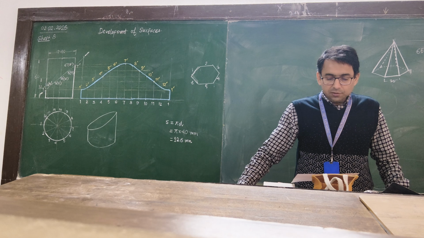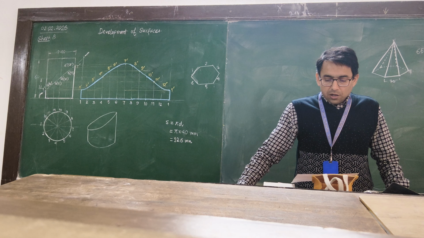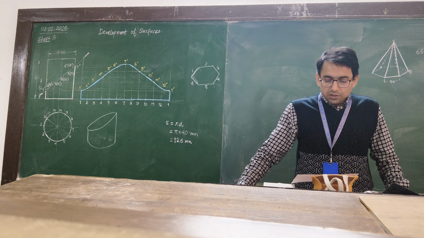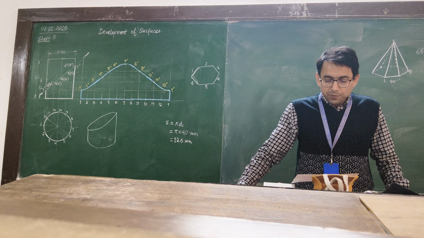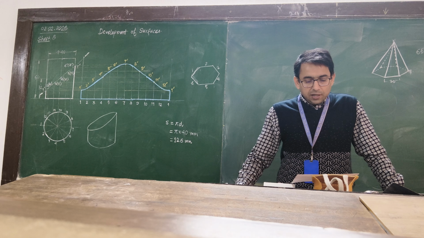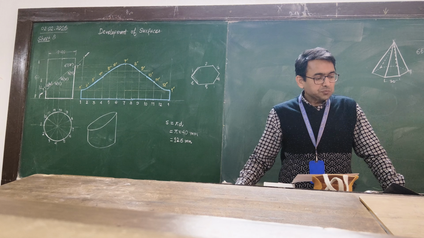Next, the same thing. Resting on its base on the ground with two edges parallel to the VP, inclined at 45 degree to the HP. Now it is inclined at 45 degree to the HP. So what is that?